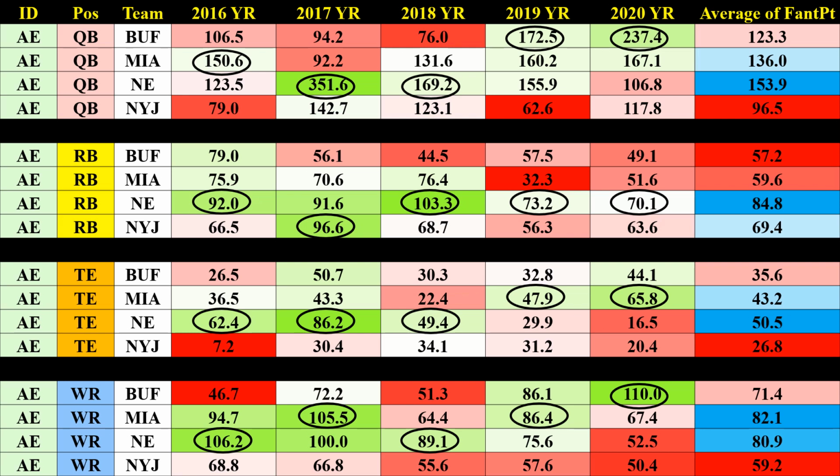Okay, so wide receivers. Wide receivers have kind of been choppy, New England, Miami, and then the new player to the table, Buffalo, last year really lit it up, I think, with Diggs and everything, a combination of a player that really jump-started a team.